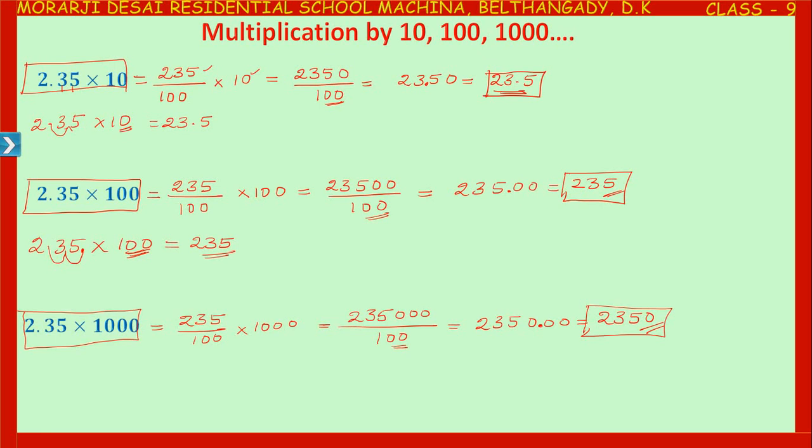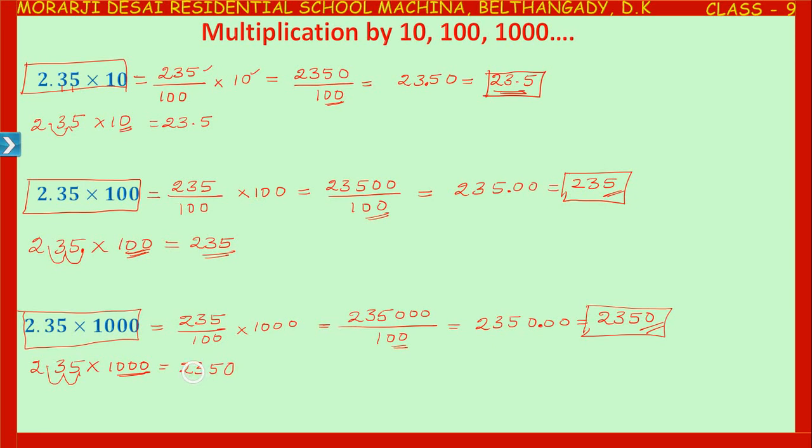Now 2.35 into 1000. How many zeros over 1? Three zeros. So the point has to be moved three steps. Here we can move two steps, 2, 3, 5. Now there are no digits here, so put 0.